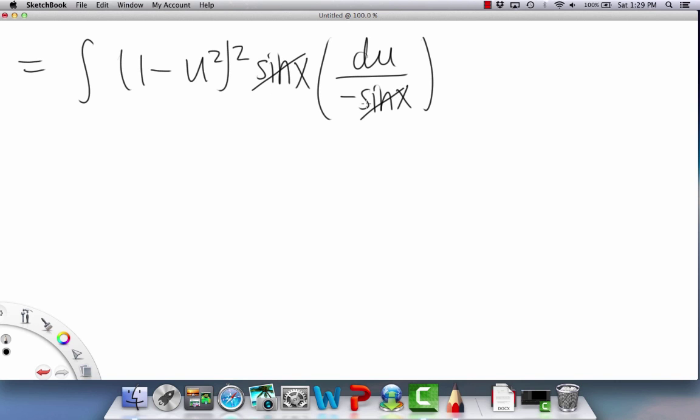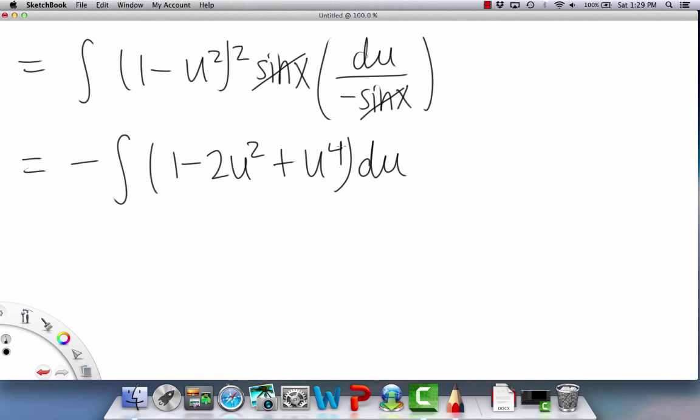Here again, the sine x's cancel. We're left with a negative, so that can come out in front. Then we can multiply this out, just FOIL. So we actually get 1 minus 2u squared plus u to the fourth, and then du.